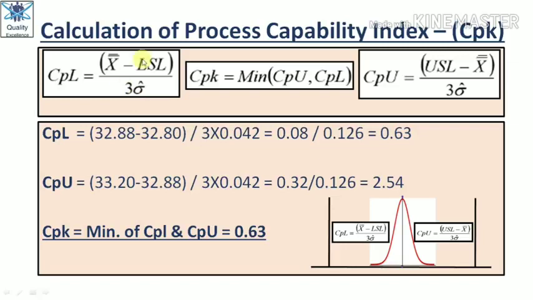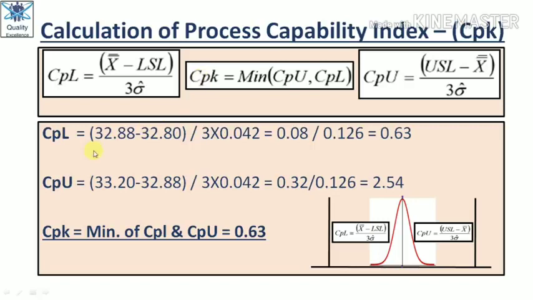So this is the formula of CPL. Accordingly, on the right side, the formula of CPU will be USL minus X double bar upon 3 sigma. So we have divided capability also into two parts. And what will be your CPK? CPK will be the minimum of CPU and CPL. Whatever the minimum figure is, that will be your CPK.